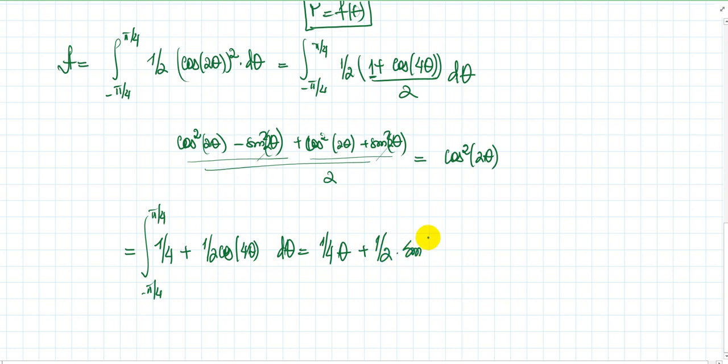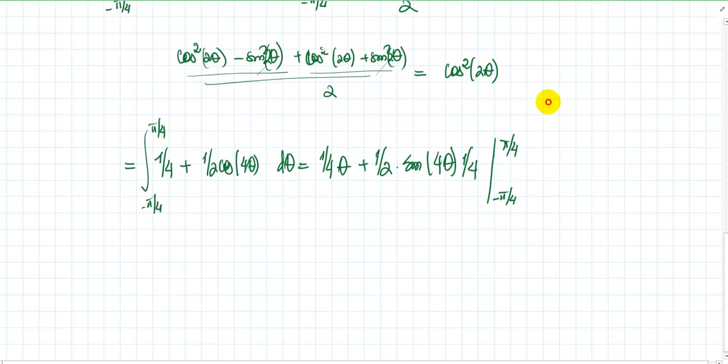It's sine of 4 theta, and I need to multiply this additionally by 1 over 4, because of the substitution rule. If you take the derivative of sine of 4 theta, because of the chain rule, it's going to be cosine of 4 theta multiplied by 4, and this 4 is going to cancel with the 1 over 4. Okay? So we need to evaluate this at minus pi over 4 and pi over 4.